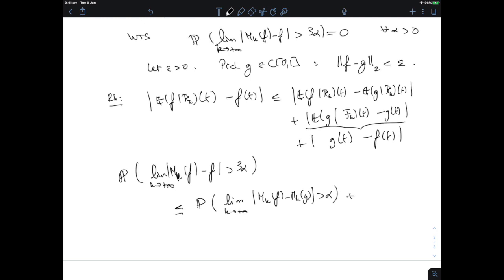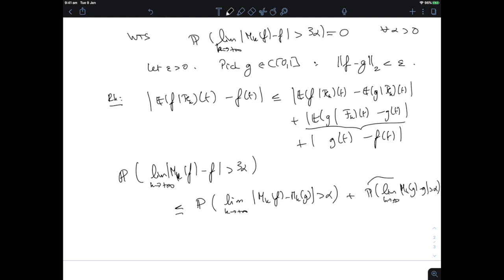The second set is the set where the limit of the expectation of g, I should just call that mkg, minus g, is greater than alpha.